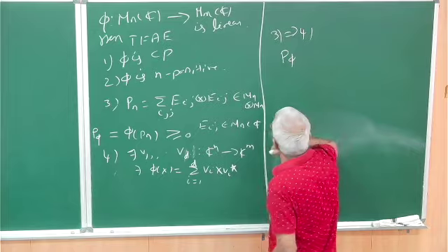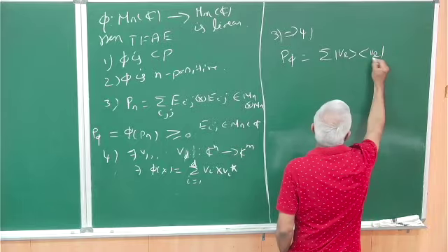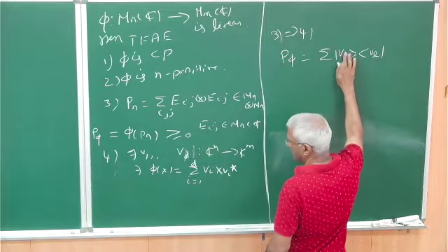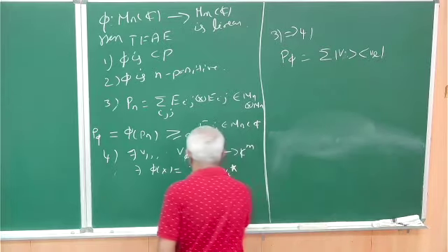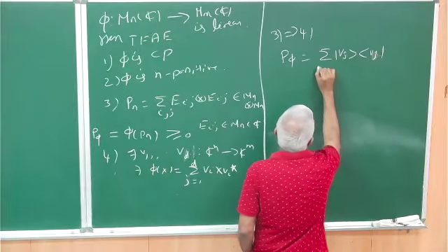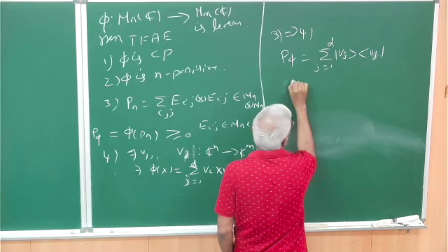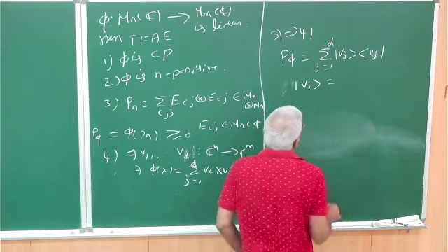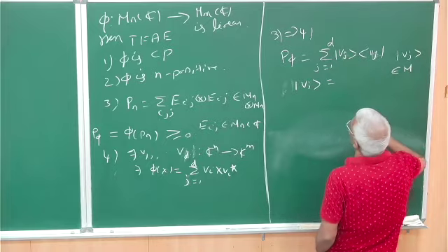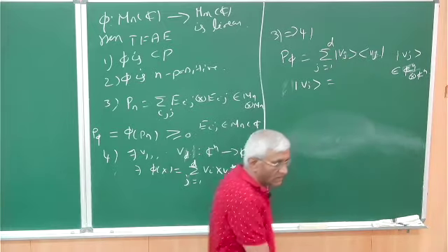P phi is a positive matrix. So it is supposed to look like the sum of small vj, vj star, j equal to 1 to d, where this vj is in Cn tensor Cm.